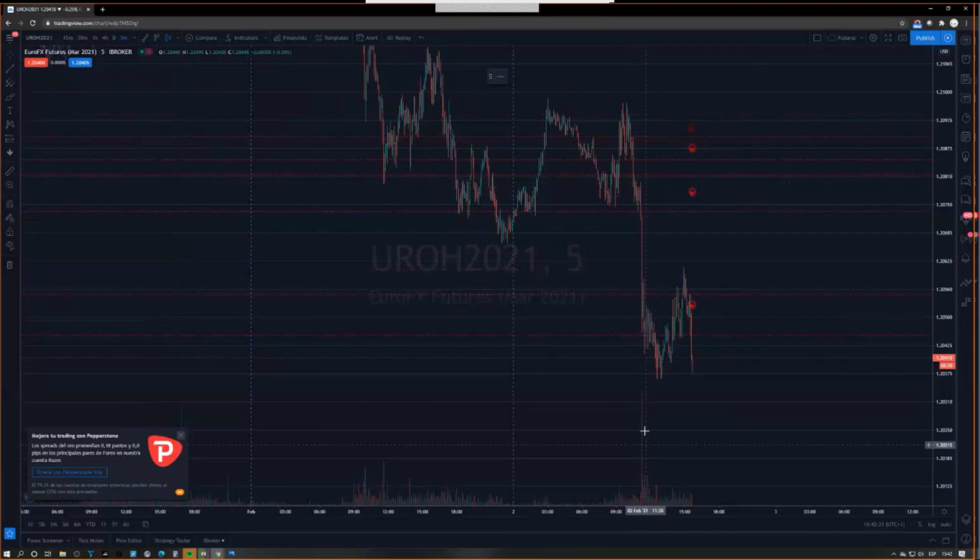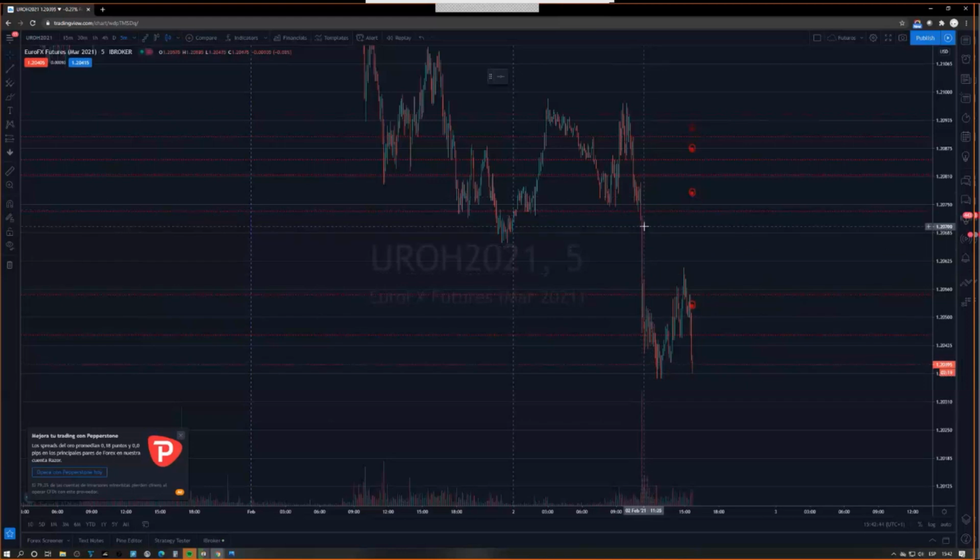Big movement. So yeah, it was a big movement on the euro at this particular candle, but you don't know at which price this volume entered. You just know that it was here at this time in the chart, at 11:15.